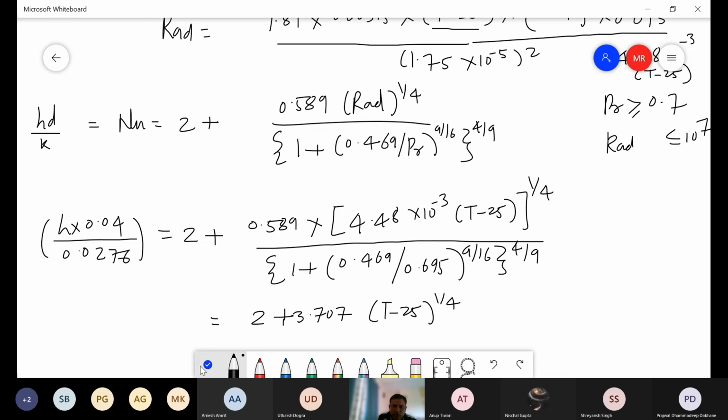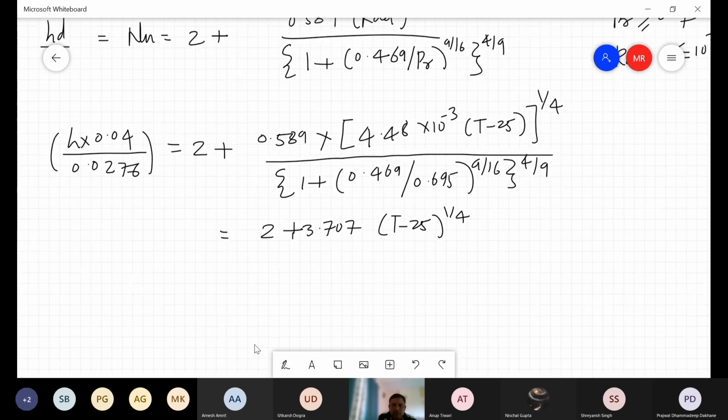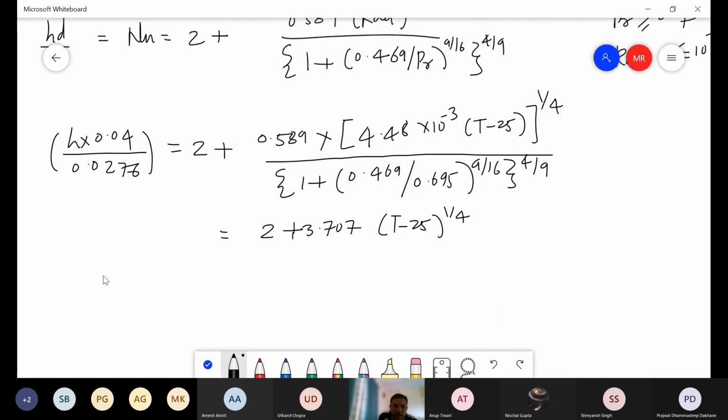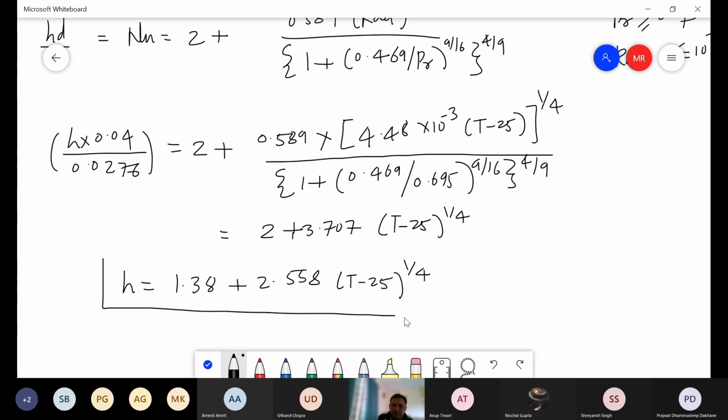Okay, and if we rearrange this equation, h will be given as 1.38 plus 2.558 (T minus 25) raised to the power 1 by 4. This is what we are expected to get.